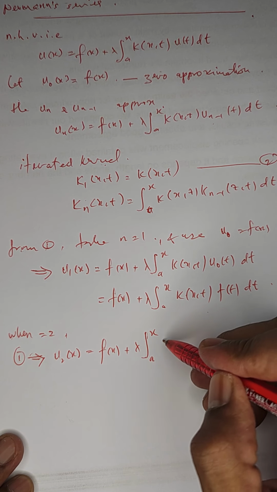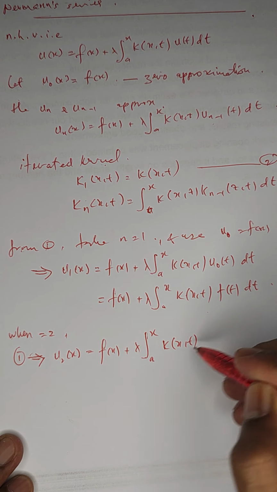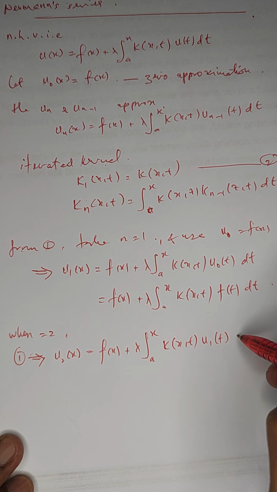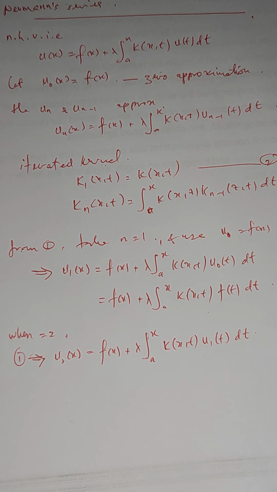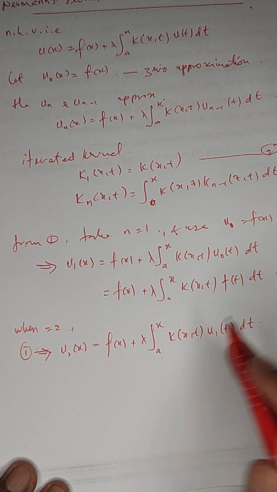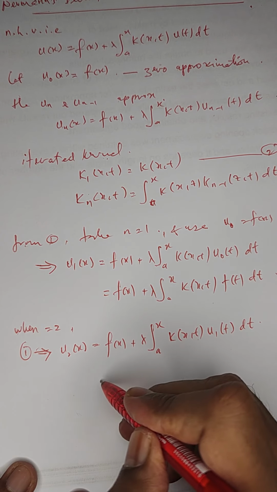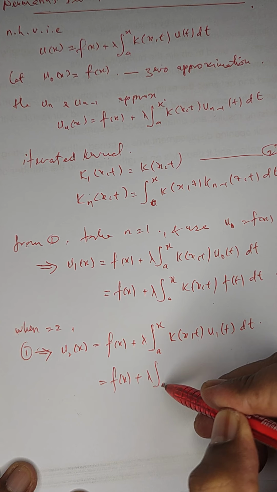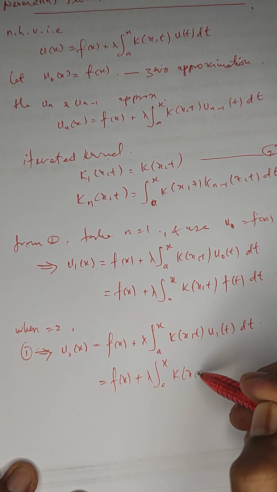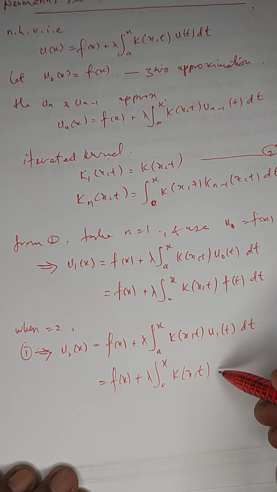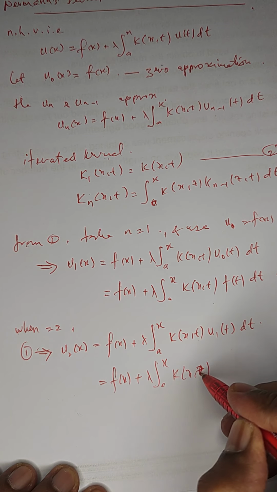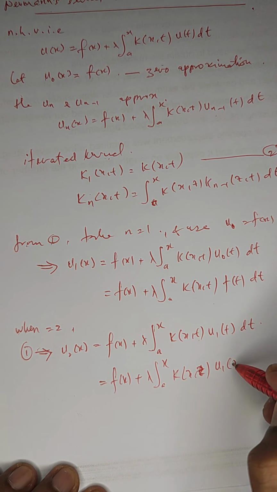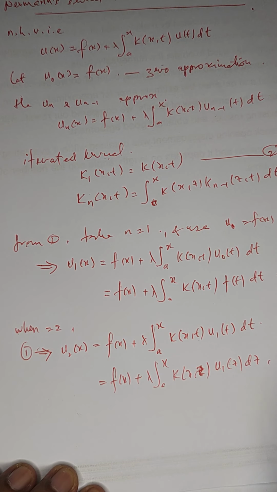Then if I change t to something else, z for example, I can write this as f(x) plus lambda integral from a to x of k(x,z) u1(z) dz.